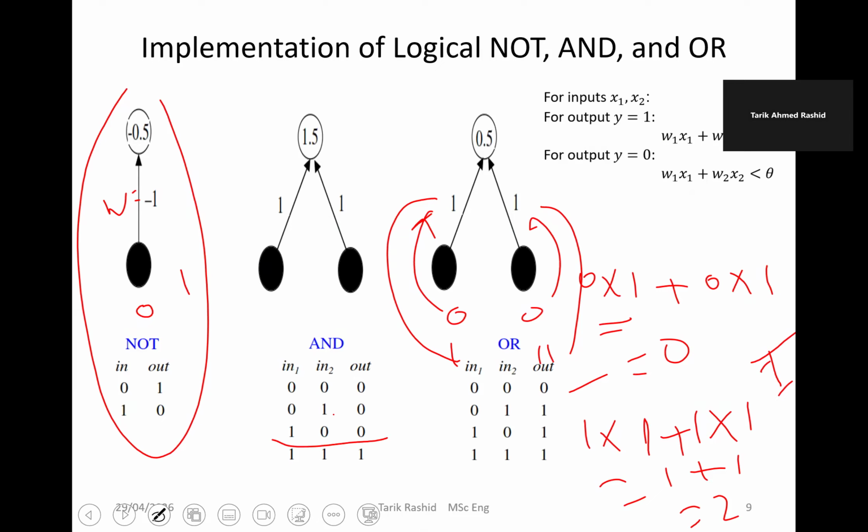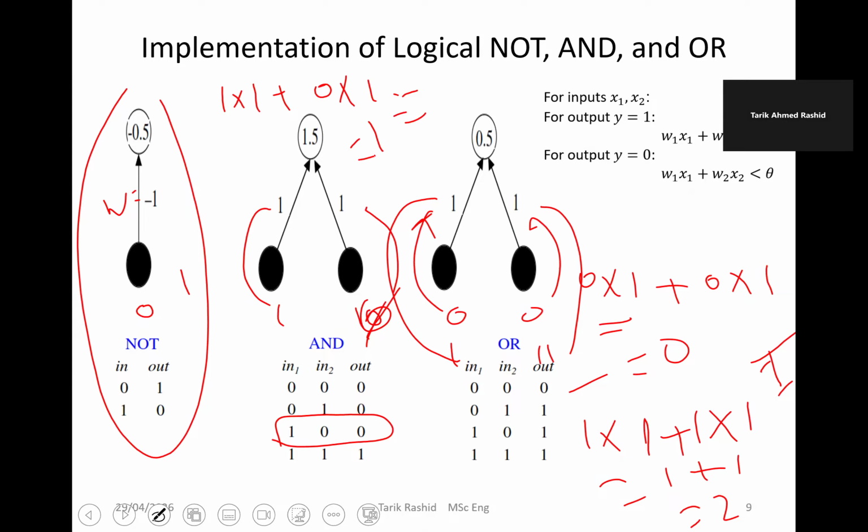Let's take this example for the AND gate, for example, 1 and 0. So 1 multiplied by 1, plus 0 multiplied by 1. So that is 1 plus 0, which is 1.